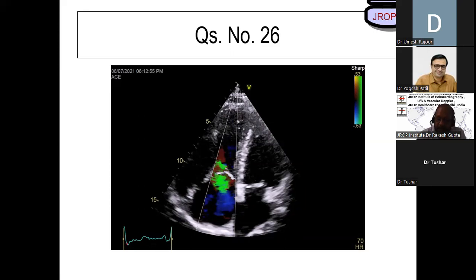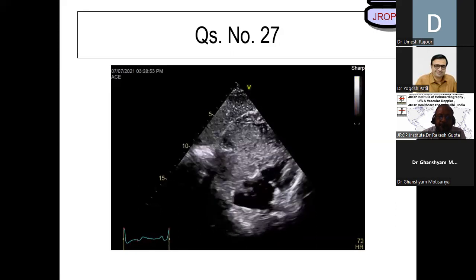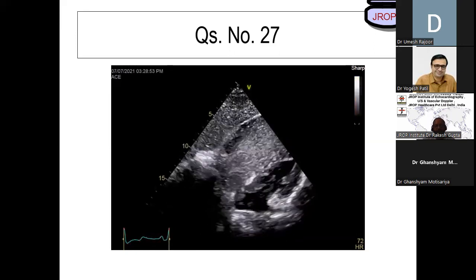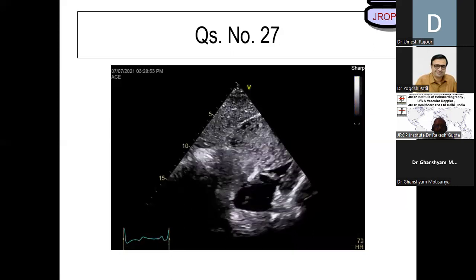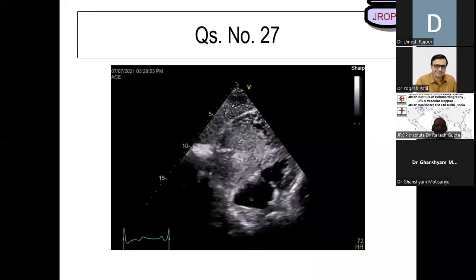Next time. Now we have Dr. Ghanshyam Motisaria. Ghanshyam, are you ready? Yes, sir. Yes, Ghanshyam, what is this? This is a subcostal view. Okay. And we can see there is an ASD. Right. Left to right shunt.